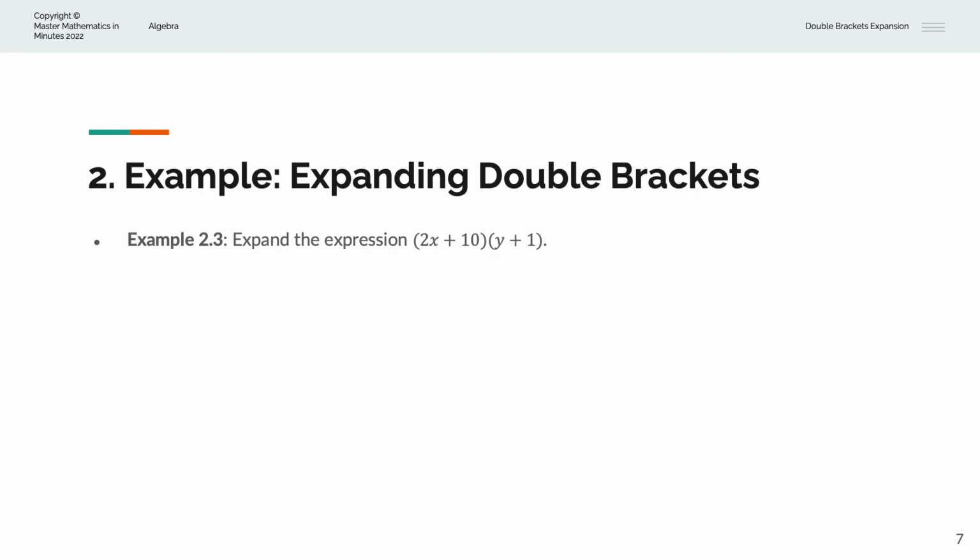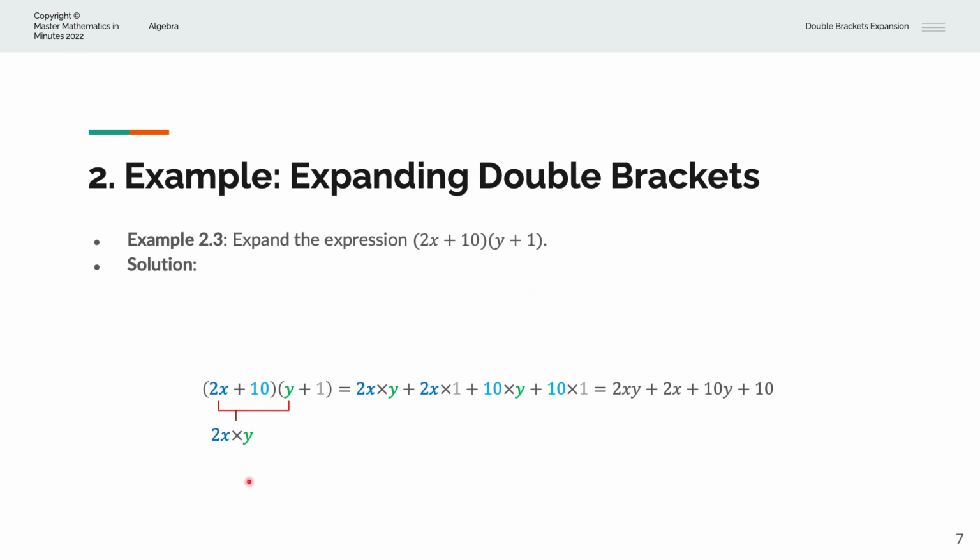In the third example, we're asked to expand the expression 2x plus 10 multiplied by y plus 1. The first step is where we multiply 2x by y, and that gives us the first term on the right hand side. And the second step is where we multiply 2x by 1, and that gives us the second term on the right hand side.